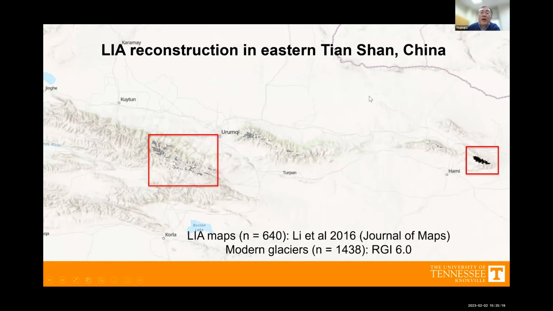So I think I'm basically done. Right now, during the break, I worked on the Late Ice Age reconstruction for the whole extension we mapped. This map was made by my student, Nancy Lee, who is now at Texas State. We have these 4 areas I want to show you. Roughly, we have 640 Late Ice Age maps, corresponding to about 1,400 modern glaciers.